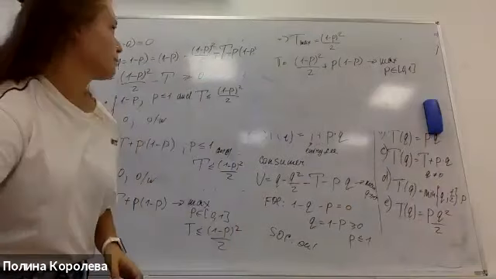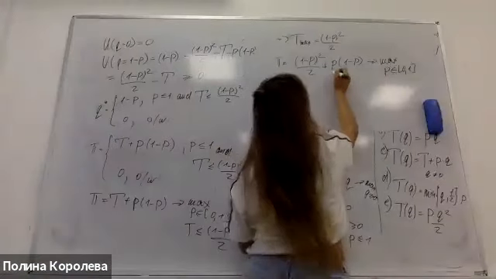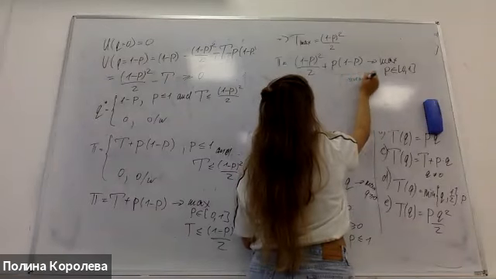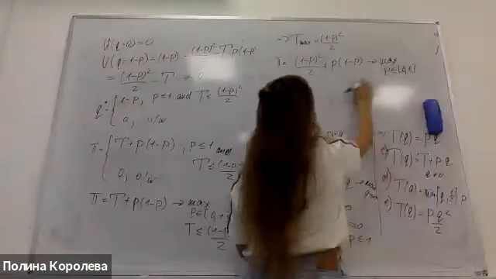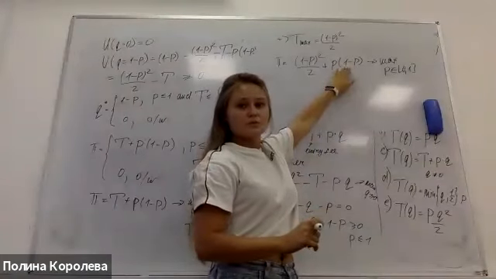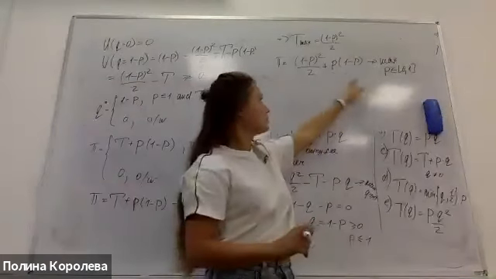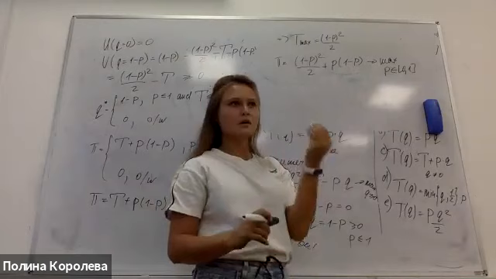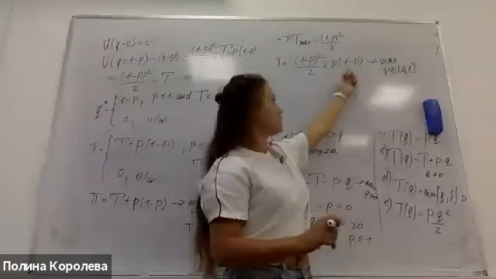I can see that this part is the revenue or profit of the simple linear pricing situation: price multiplied by quantity as demand.